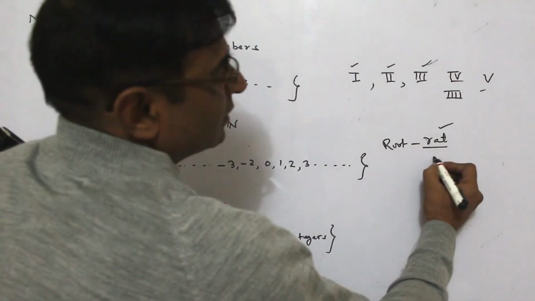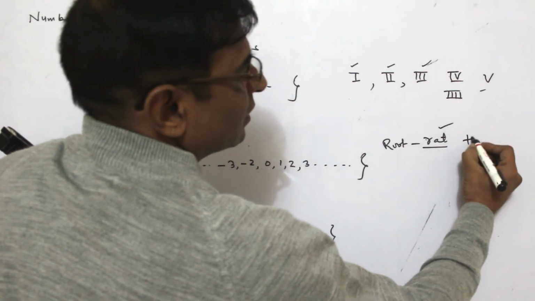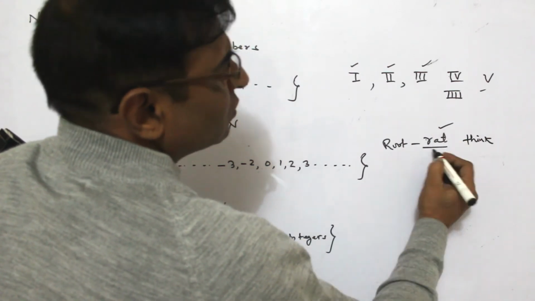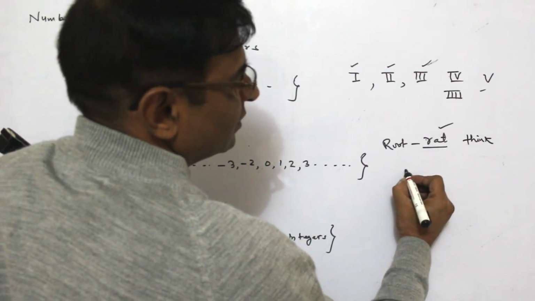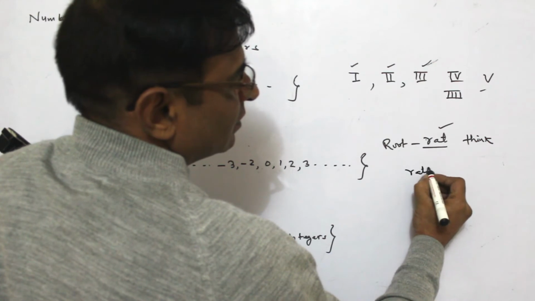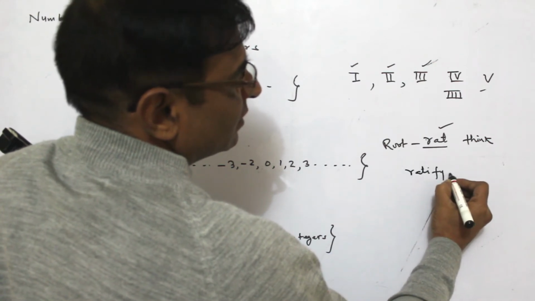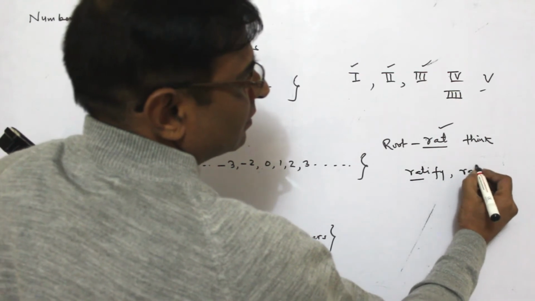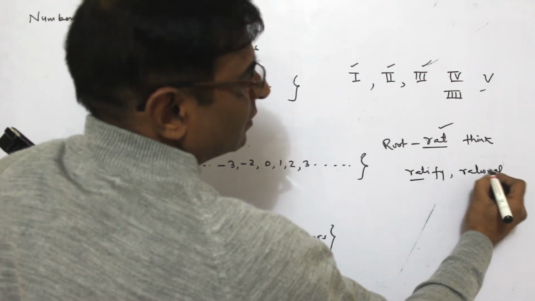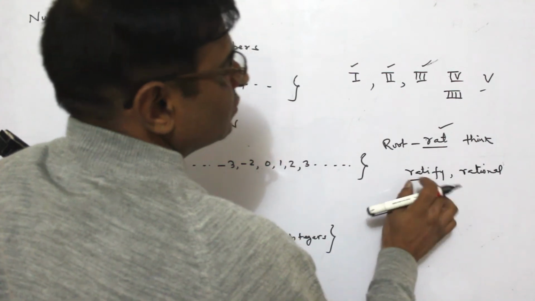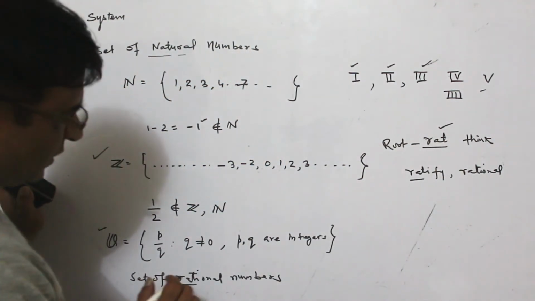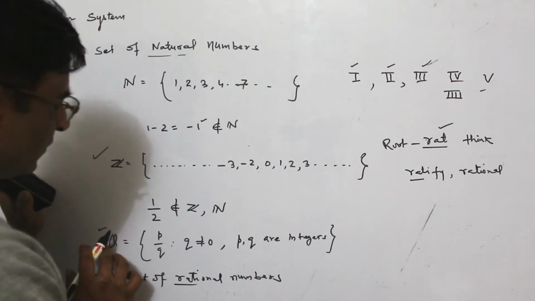This root makes many words, like ratify and rational. So many other words can be formed on this root. So this is the word which was thought of.